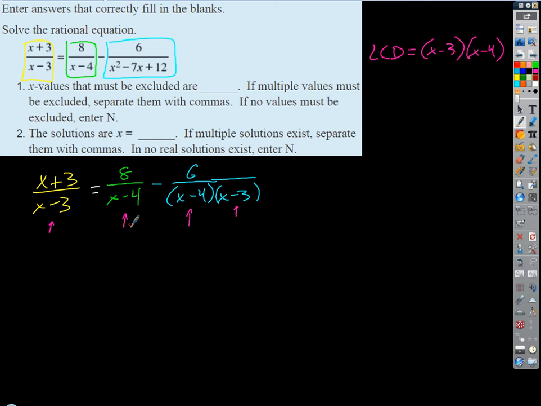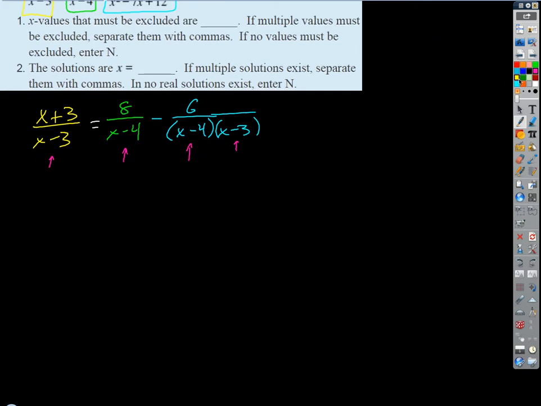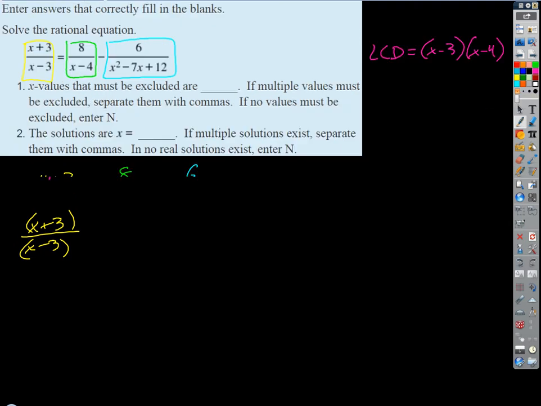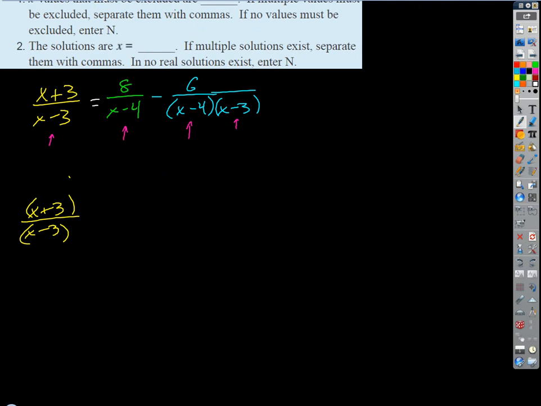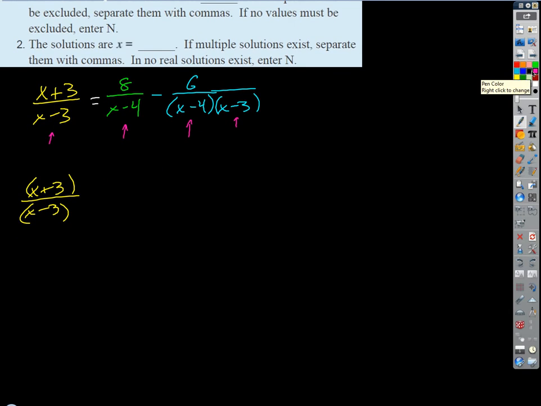All right, so if we multiply both sides through by that, what's going to happen? So we're going to distribute that LCD through both sides, which means we're going to have to multiply each term by that.